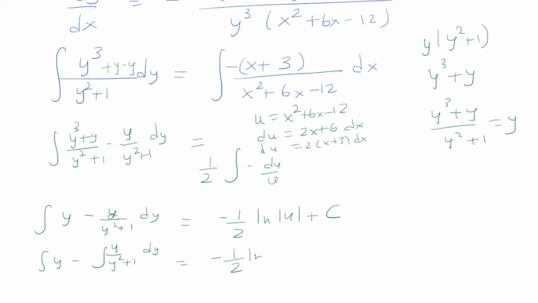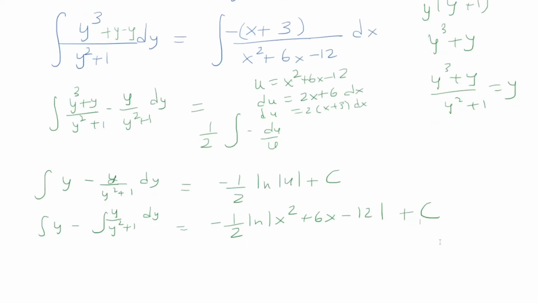Now u, we said, was x squared plus 6x minus 12. The antiderivative of y is y squared over 2. This one we can use u substitution. So we'll let u equal y squared plus 1. du will be 2y dy, so this will be 1/2, again, du over u.